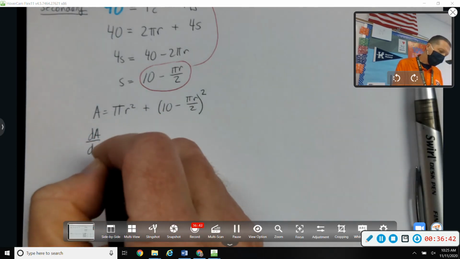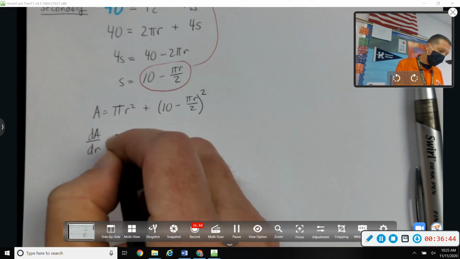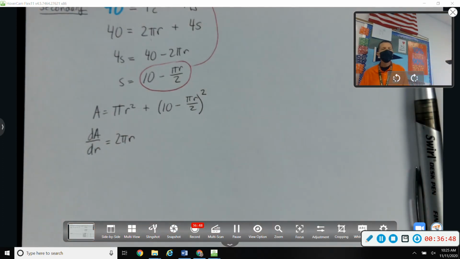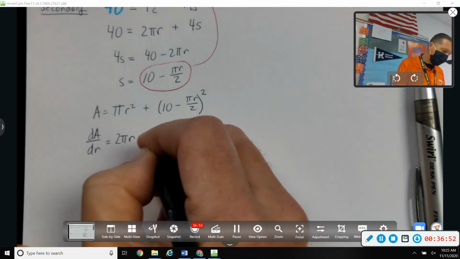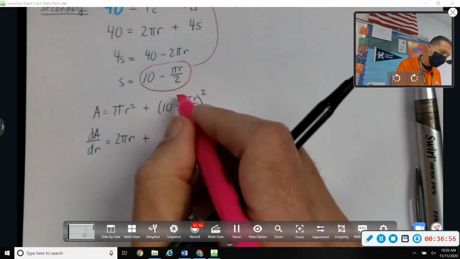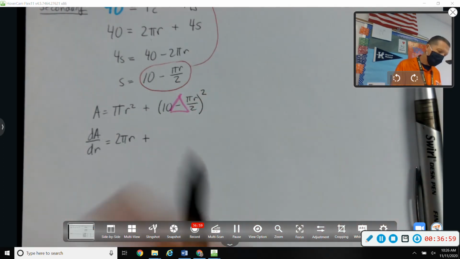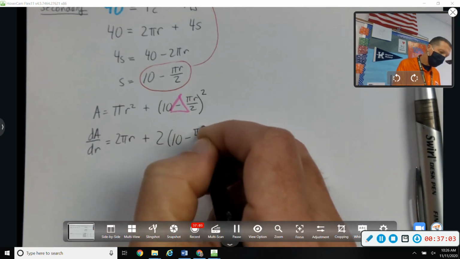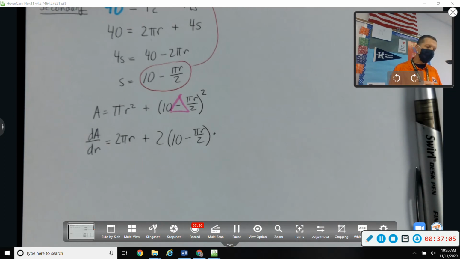So derivative of A, well, the first one's easy, 2 pi r. The second one, remember this is like the derivative of the pink triangle squared. So it's 2 times the pink triangle, chain rule, times the derivative of the pink triangle.